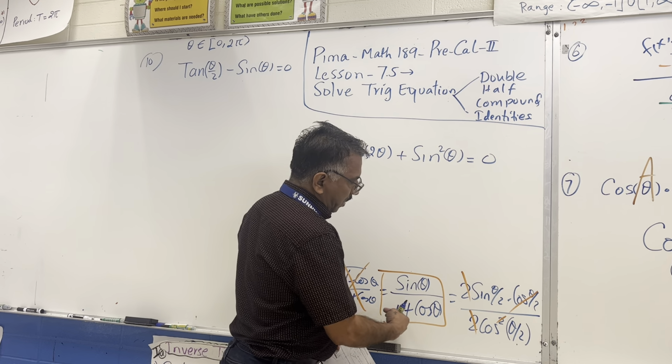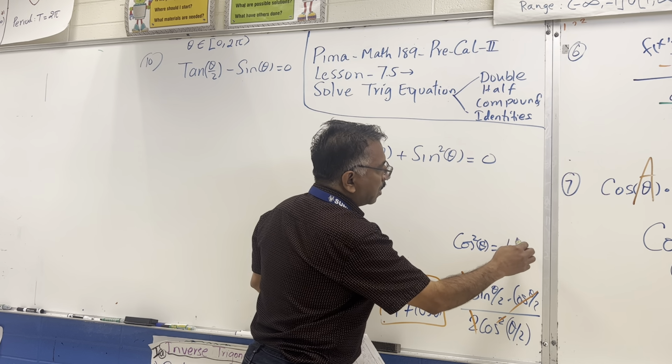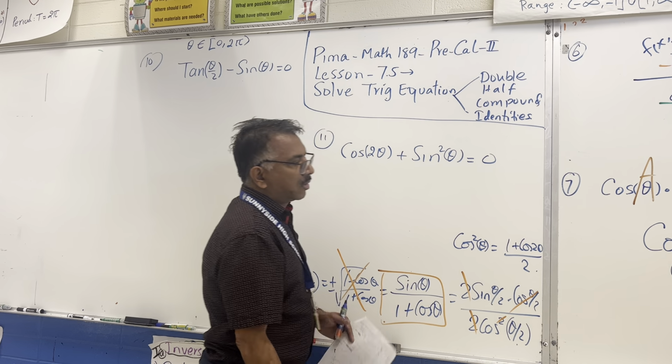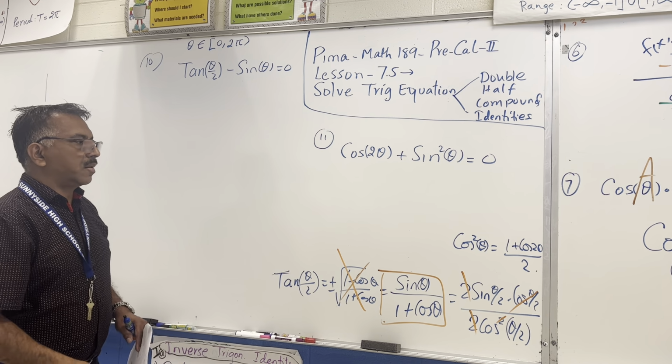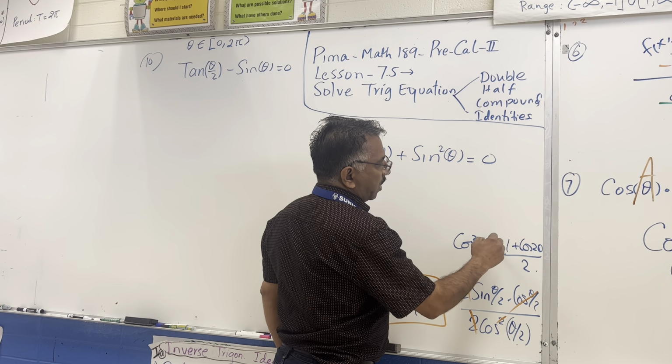If you get confused about where we got this from, cosine squared theta always equals 1 plus cos 2 theta divided by 2. So whatever is theta doubles here.